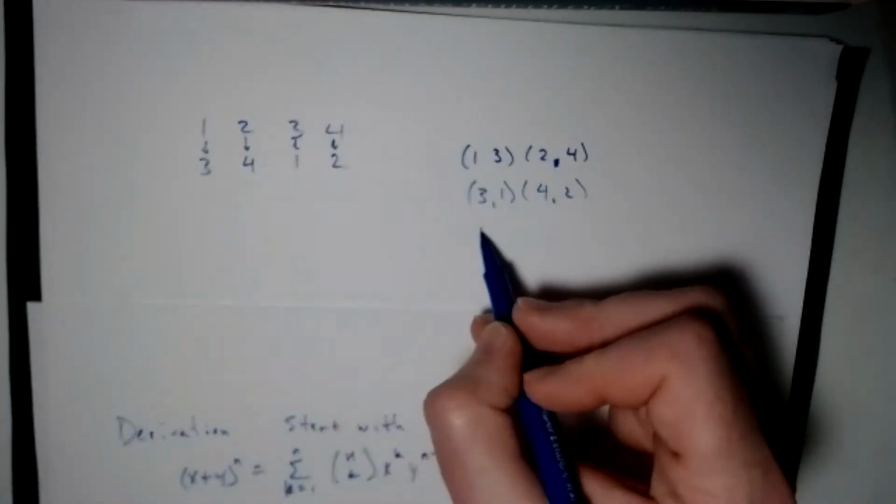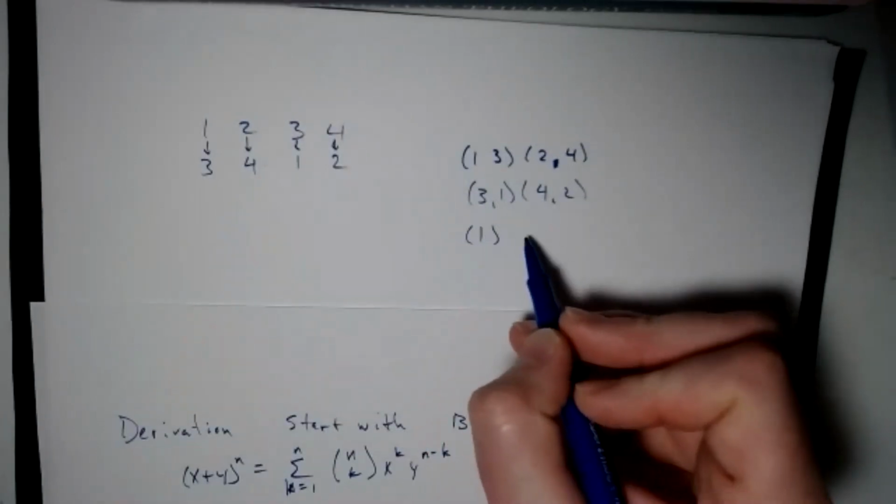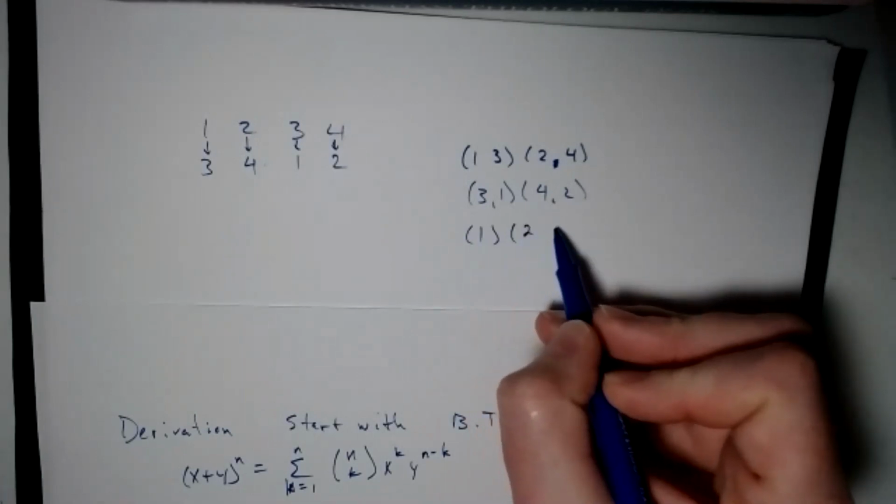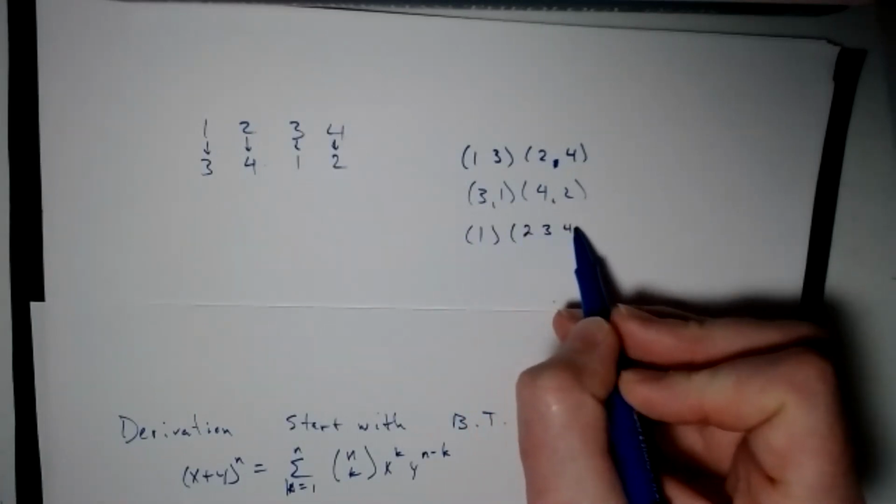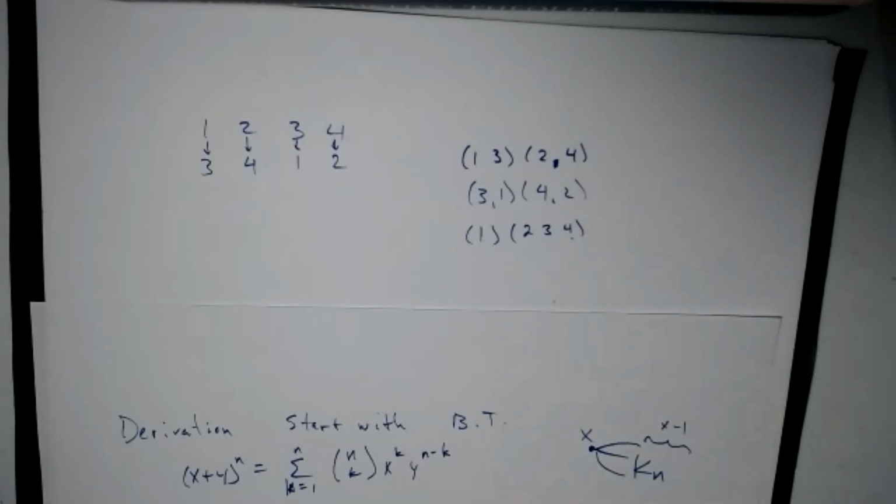Another one that has 2, we could leave 1 alone and then say to send 2 to 3 and 3 to 4 and 4 back to 2. So those are some cycle decompositions.